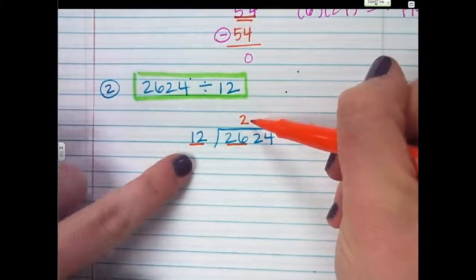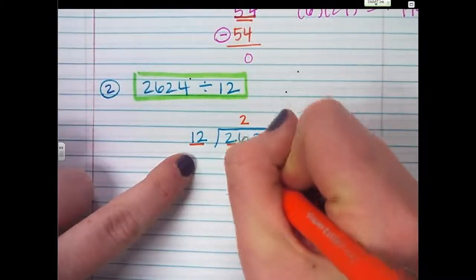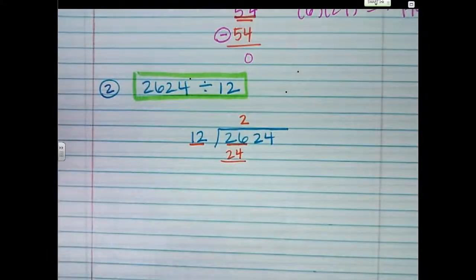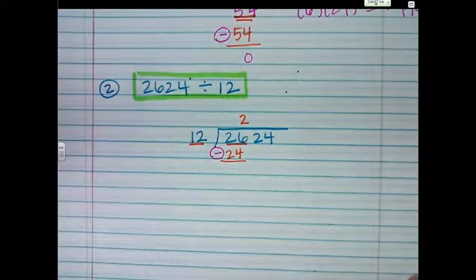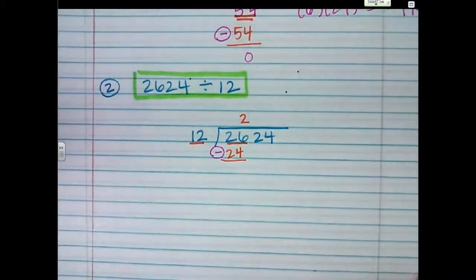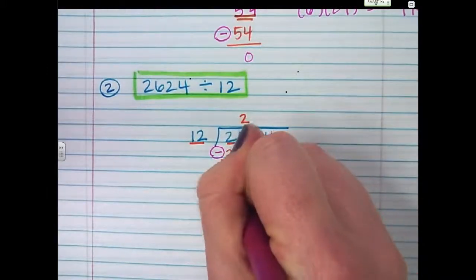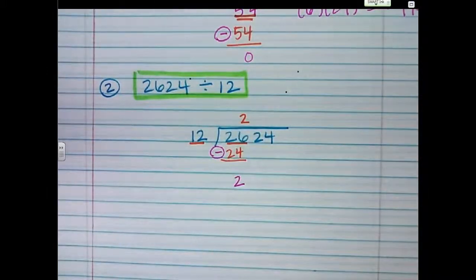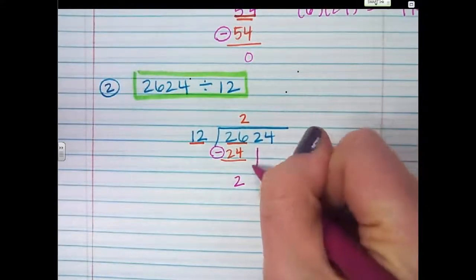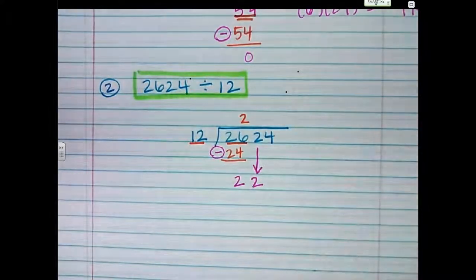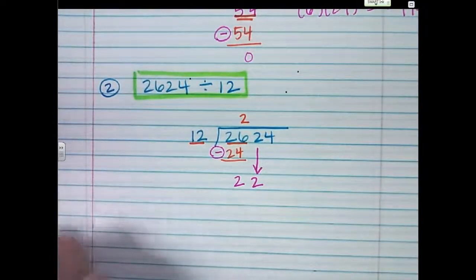Multiply. 2 times 12 is 24. And I subtract right here. 26 minus 24 is 2. And then do I bring down the 2 or the 4 or both? Just the 2. Just the 2.